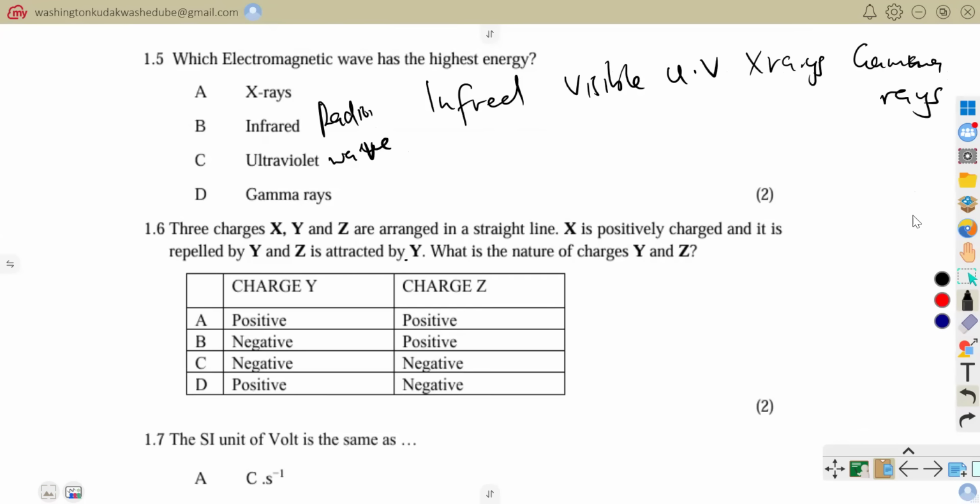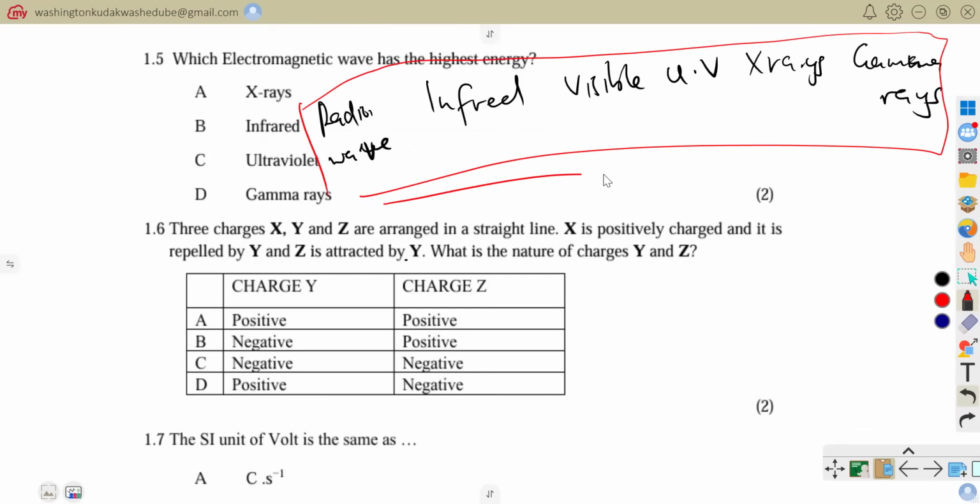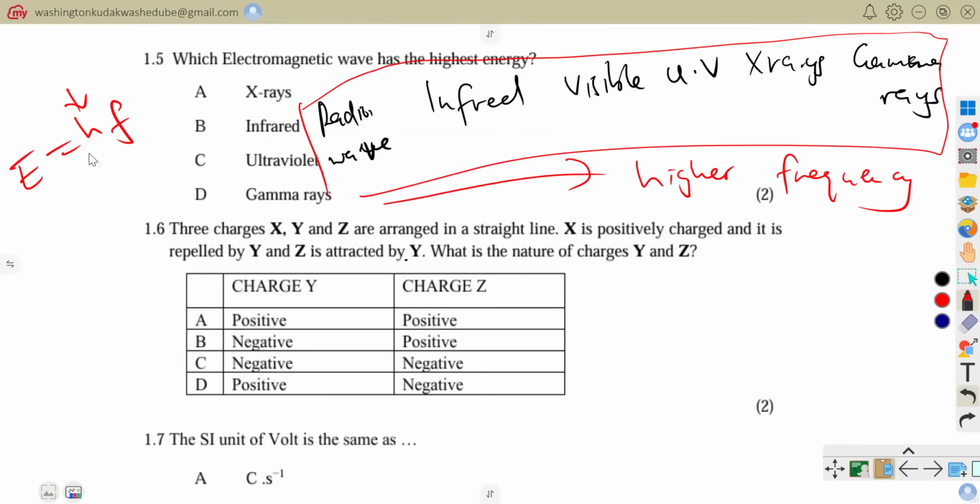What is happening here is that you would see we are having an increase in frequency as we are going that side. So these ones will have a higher frequency. As they have a higher frequency, we know that our energy would be given by hf, where h is Planck's constant. So anything that has a higher frequency will also have a higher energy.